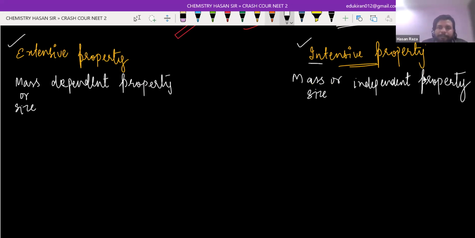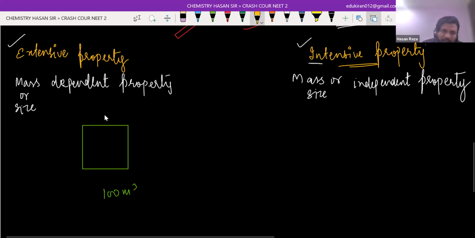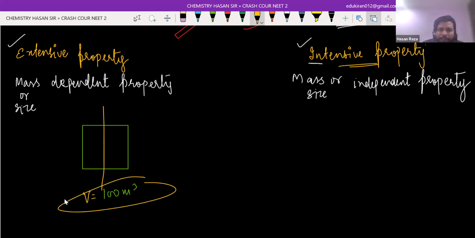Now, the most important point here. Let's take an example of a class in which you all students are sitting, and this has a volume of 100 meter cube, let's say. Now if you divide this class, will this affect the volume? Yes or no?